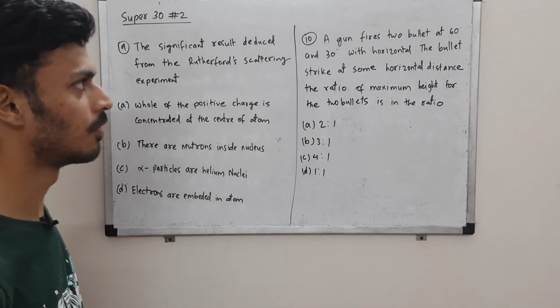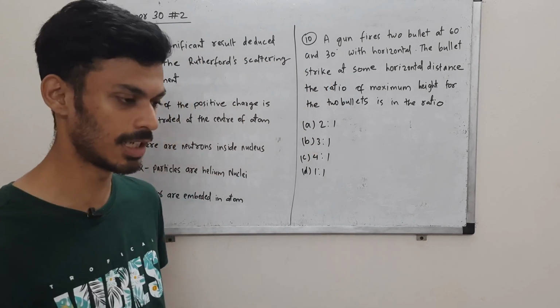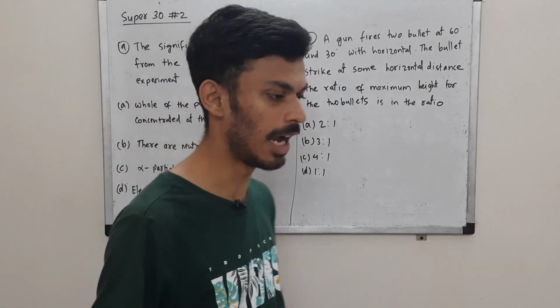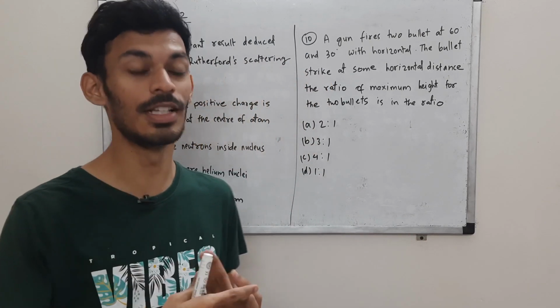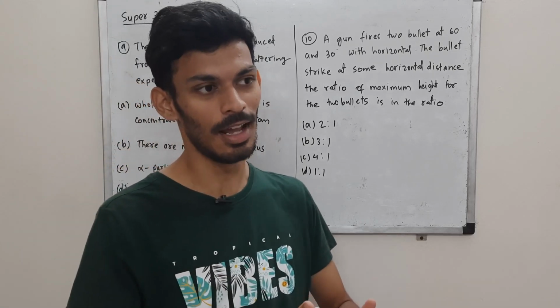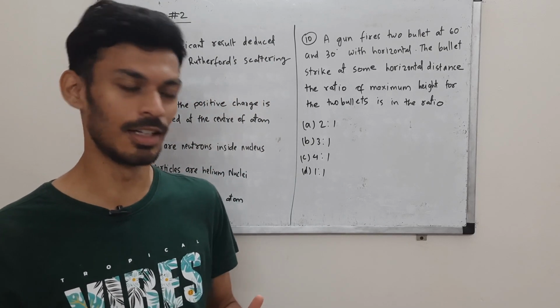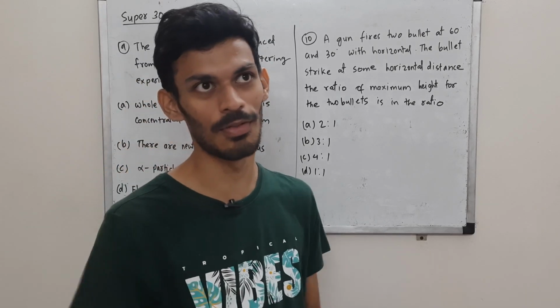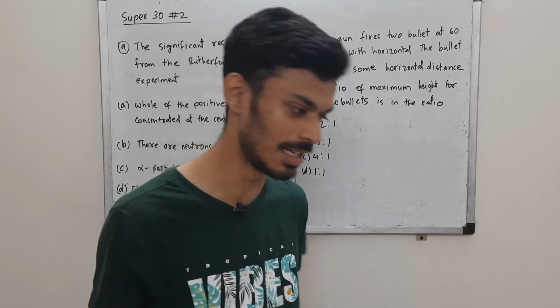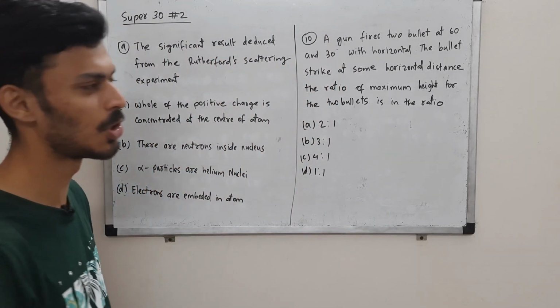For that reason, chapters like atoms, the modern physics chapter, dual nature, atoms or nuclei, or even semiconductors become very important. Semiconductor is an important chapter. At least one question comes from that chapter if you see the recent BITSAT papers. From 2016 it's always consistent, one question from the semiconductor chapter, usually based on theory.